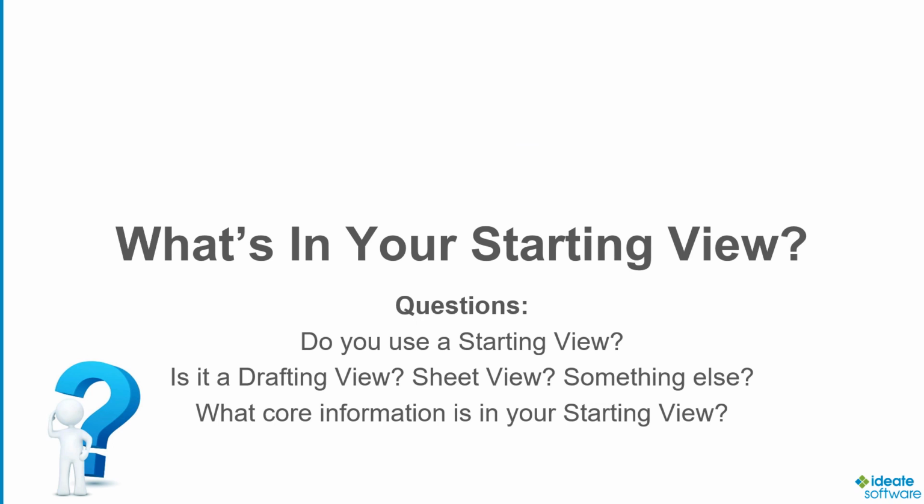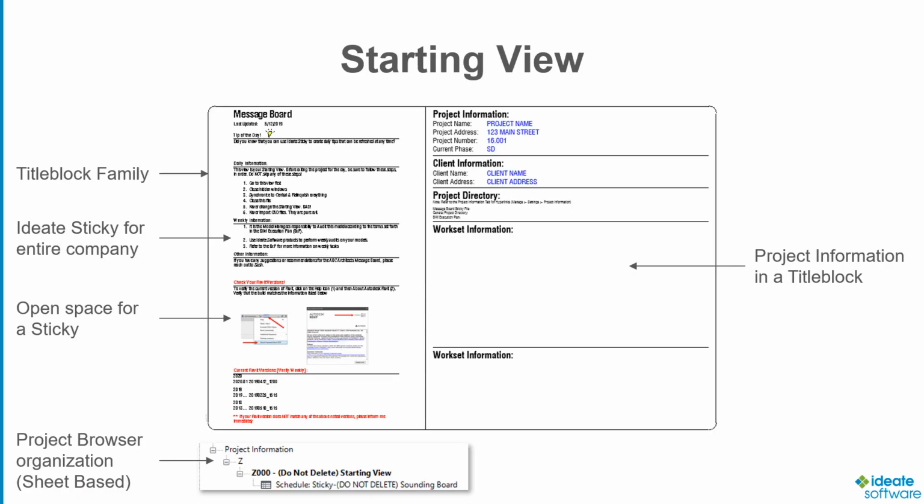Oh, by the way, one other question I have for you guys. Do you do your starting views as drafting views, or do you put them as a title block? Title block. Who does drafting views? Move them over to a title block. I think it's way better, because I can then put sheet-based information in there as well, so that it shows up in these views.